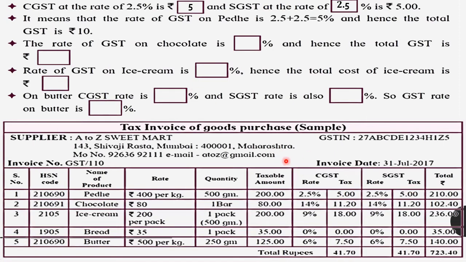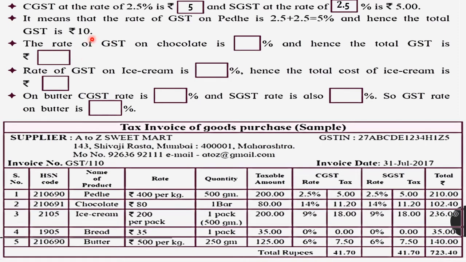Now if you observe, in the second product, chocolate, both CGST and SGST percentage as well as amount are the same, and in the third, fourth and fifth cases also. In all the cases, CGST is equal to SGST, and hence the amount, rate and tax are also equal.